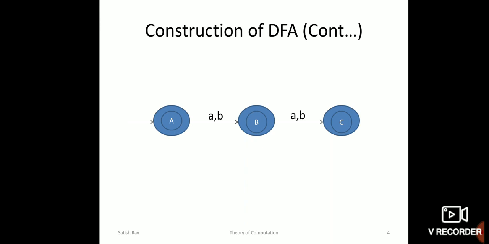Now we can cross check it. From initial state A on input small a, the next state will be B, and we have made B as final. So our input string A, that is of length 1, will be accepted.